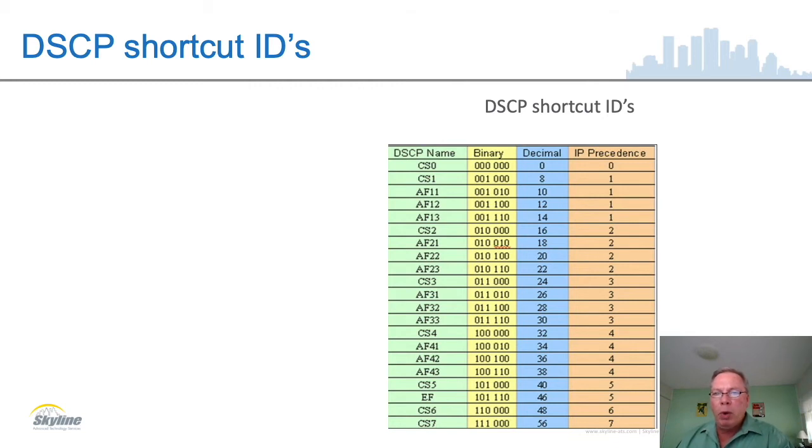So CS1 would look like IP precedence 1, and the last 3 bits would all be zeros. So if you look down this list of CS values, the last 3 bits are always zeros. Okay? So as I said, CS5 is the same thing as DiffServ code point 40 or IP precedence 5.